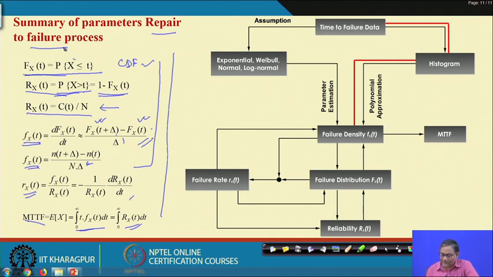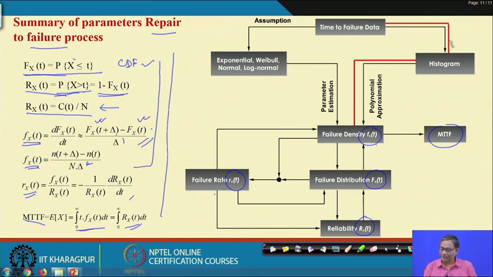So, under parameter estimation, what are the things given? Failure density is discussed. We have discussed the cumulative distribution function, reliability, hazard rate or failure rate, and mean time to failure. Okay, so you have done an experiment, and from the experiment you will get time to failure data.